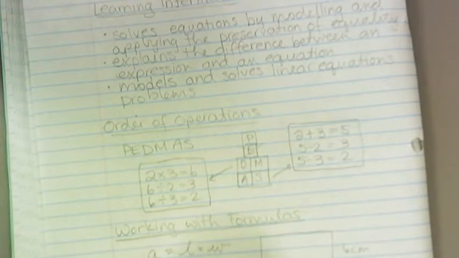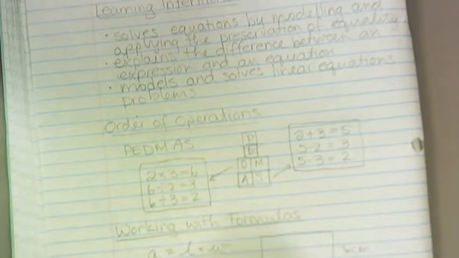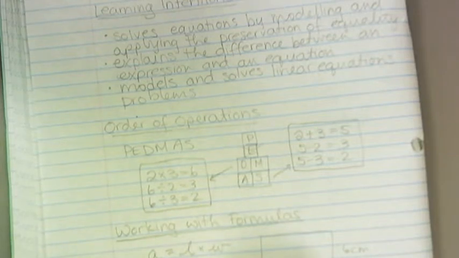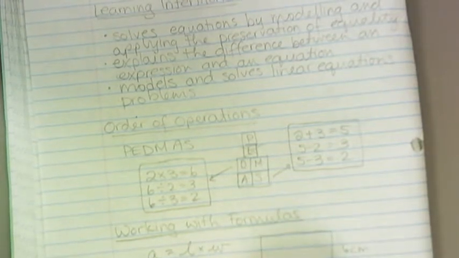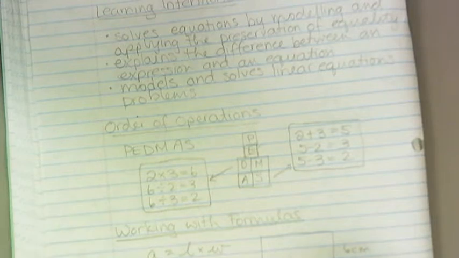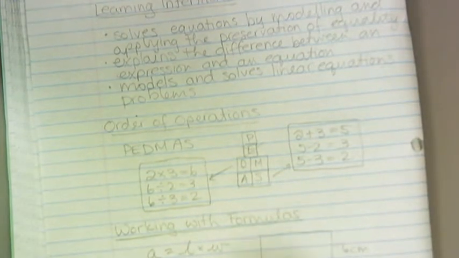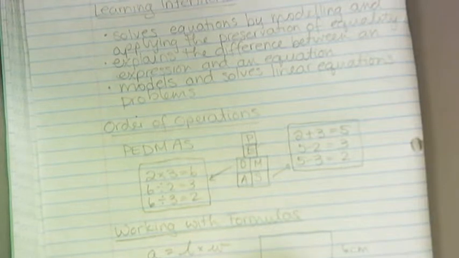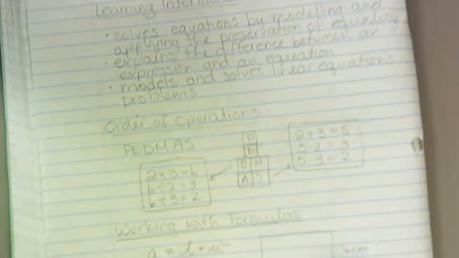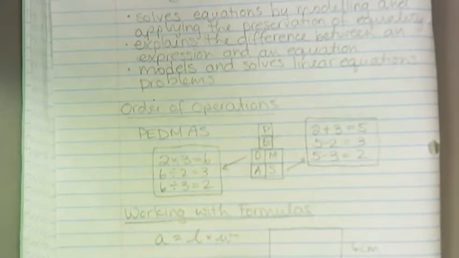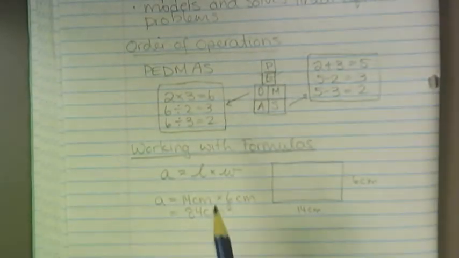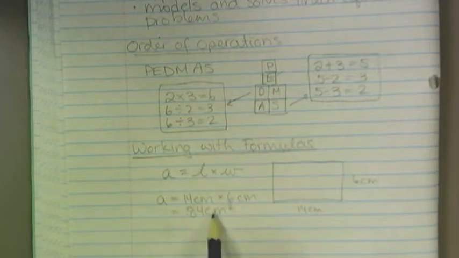So in this case, area equals length, 14 centimeters, times width, 6 centimeters. That is going to equal 84 centimeters squared. That's going to be really important. You need to remember to put the correct unit. This is not centimeters. Area is always centimeters squared.